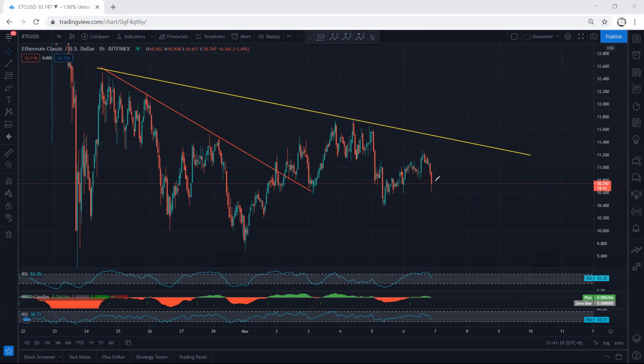Personally, I'm not interested in this buy if the price reverses from here. I will look for buy after the breakout of this, or if the price breaks this low, any reversal, I will look for buy. Rather than that, I'm not going to trade within this range.